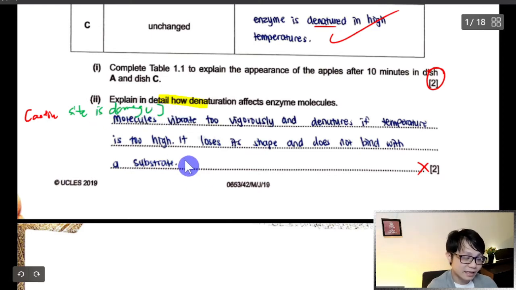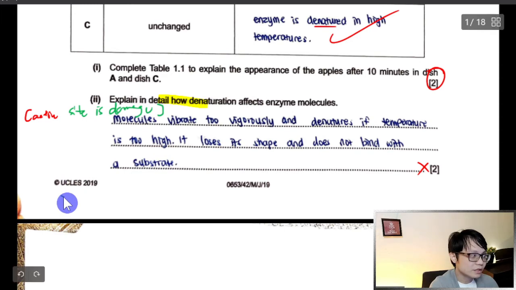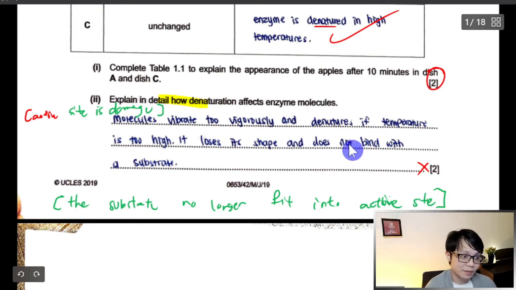And the second thing is the substrate no longer fits into the active site. Correct or not? So I just put here the substrate no longer fits into the active site. So that's the keyword requirement from the exam paper.